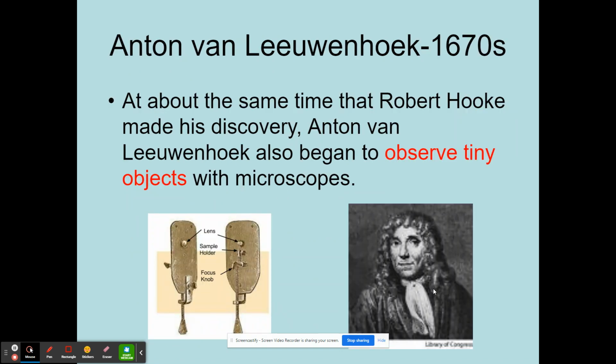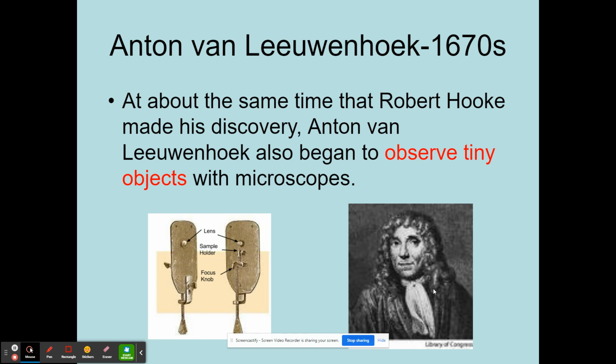Next is Anton van Leeuwenhoek, in the 1670s, right around the same time as Robert Hooke and his discovery. This guy was an inventor, a jack of all trades. You can see there that's actually what he used. He observed tiny objects with microscopes. He took pond water, and he called what he saw animalcules, because he saw these things moving.